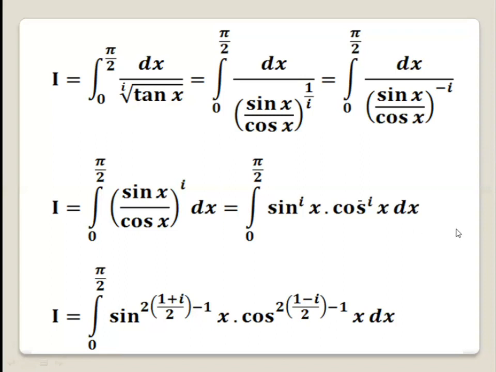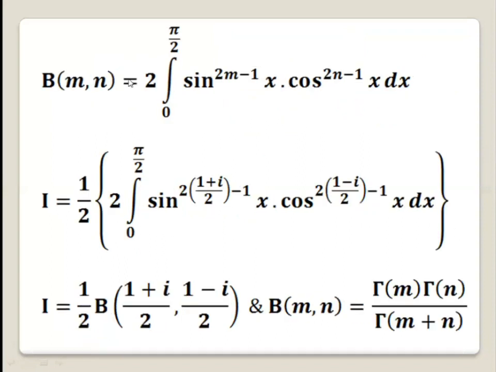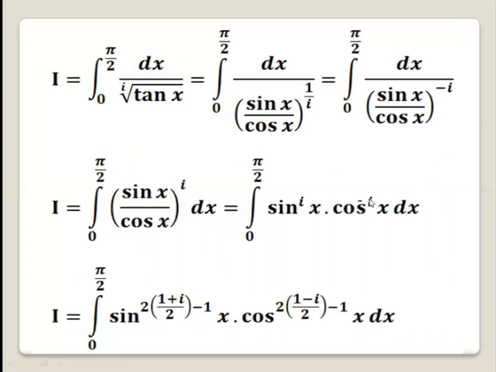This term looks like the beta function, where beta(m, n) equals 2 times the integral from 0 to pi over 2 of sine power 2m minus 1 of x multiplied by cosine power 2n minus 1 of x dx. So let's make the powers in the form of 2m minus 1 and 2n minus 1.